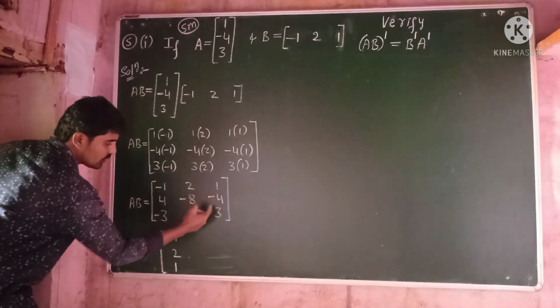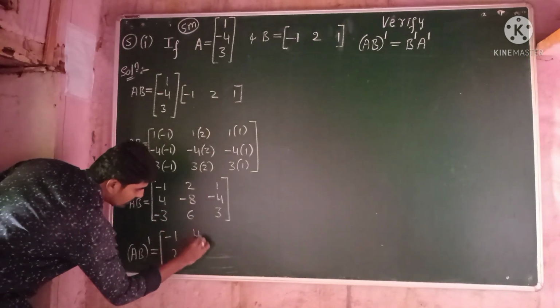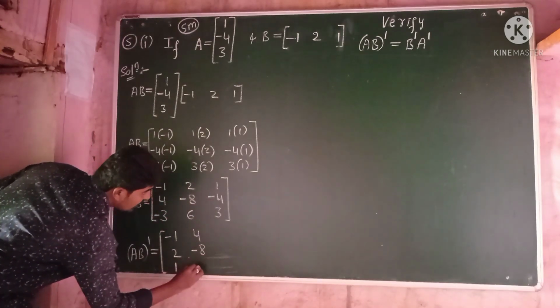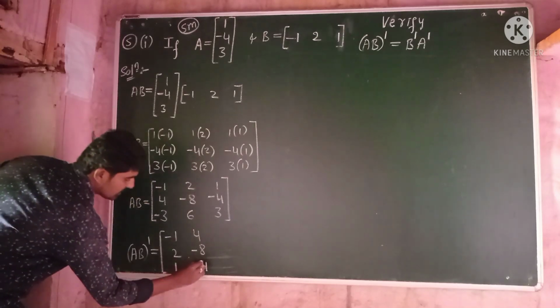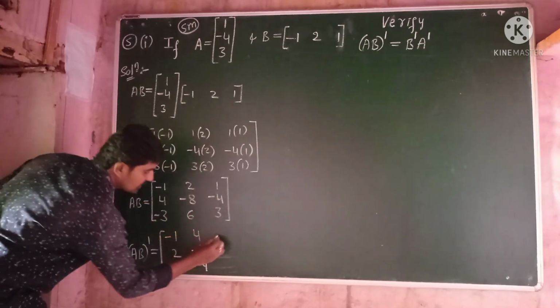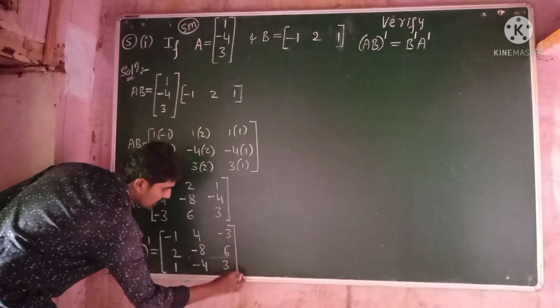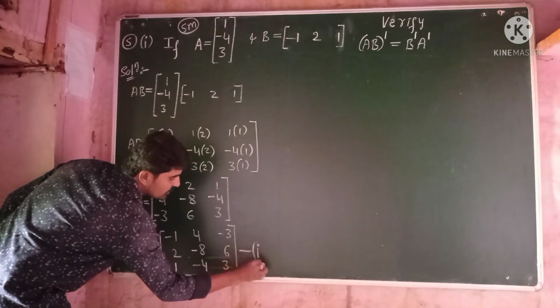And similarly, second row becomes second column: 4, -8, -4. Third row becomes third column: -3, 6, 3. And call this equation number 1.